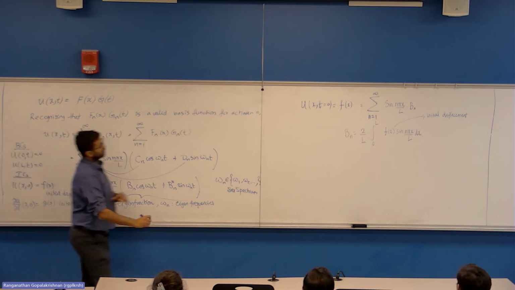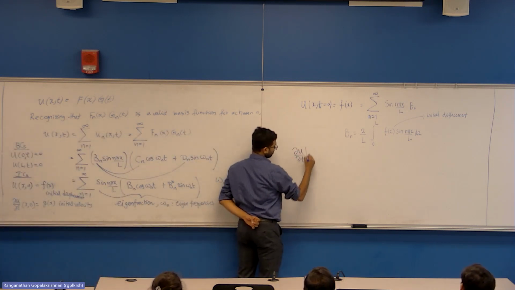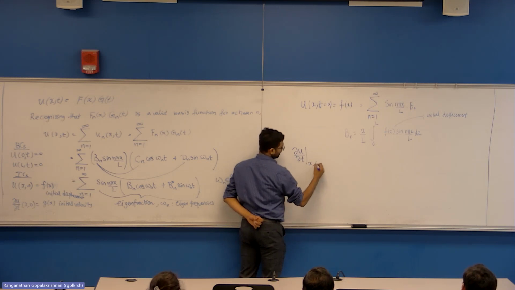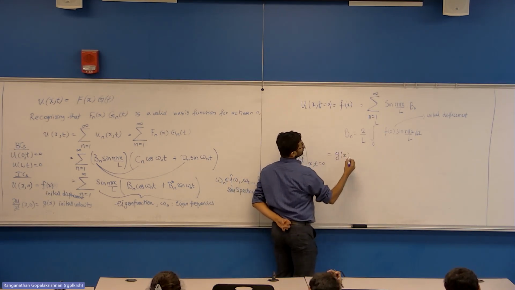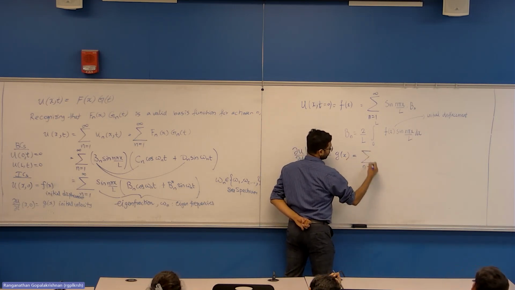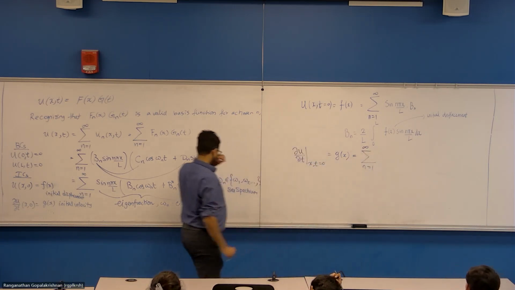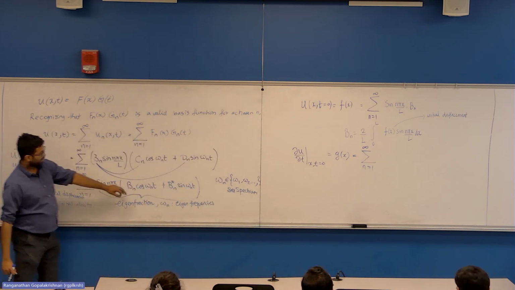And similarly, if we write the partial derivative with respect to time at x and t equal to 0, it is given to be g of x, the initial velocity. This is the infinite series, n equals 1 to infinity, of the derivative of u with respect to time.